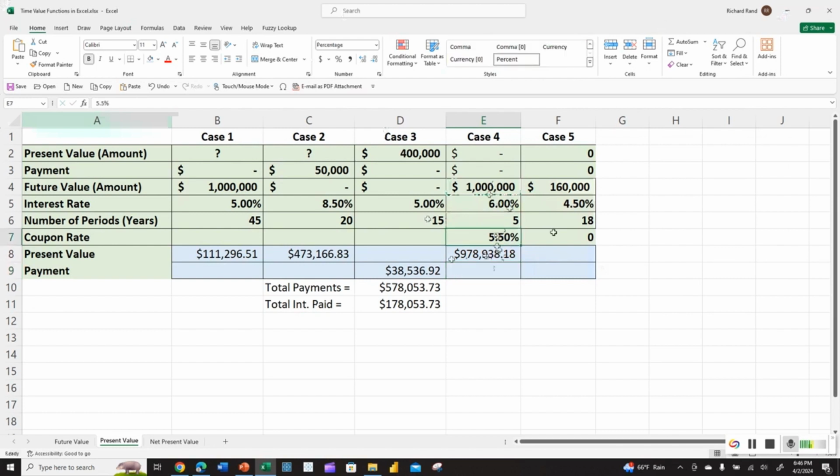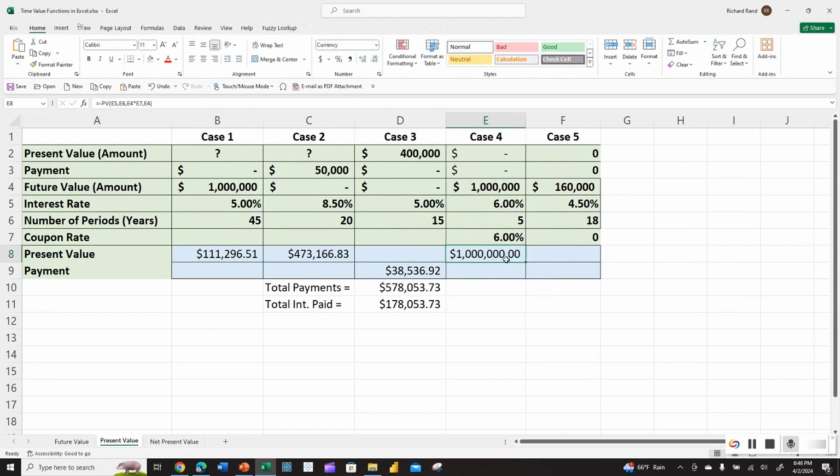Now, if this was more like 6%, it's going to sell for exactly $1 million. If, however, this was 6.25%, it's going to sell for a premium of $10,530. So you can see how that works.